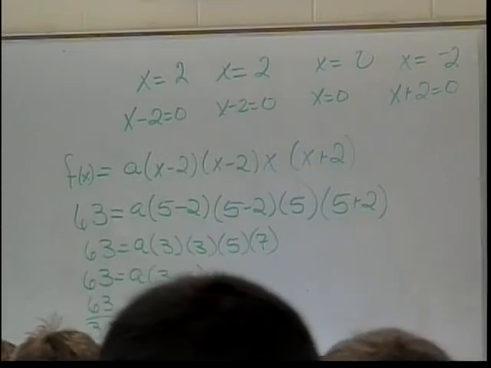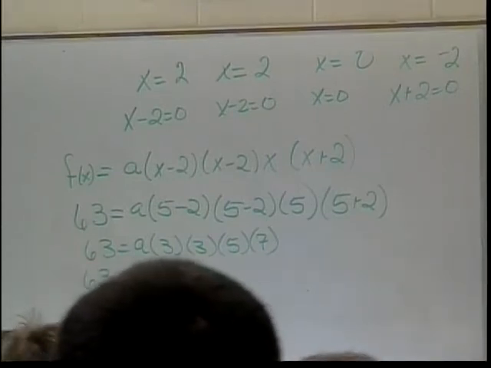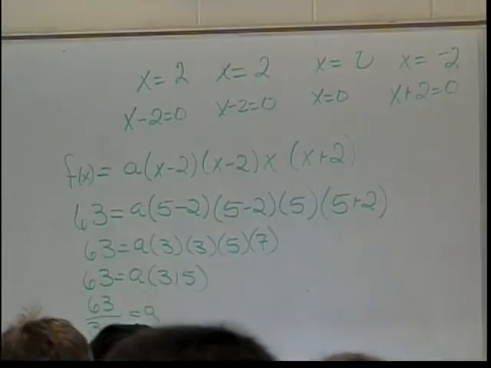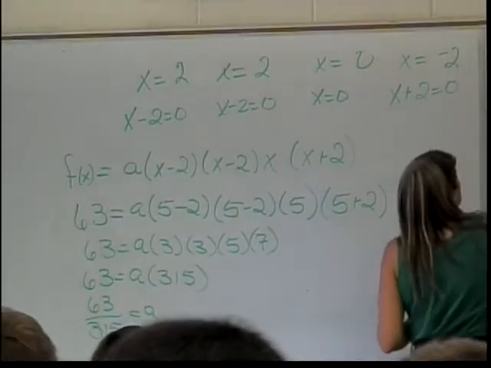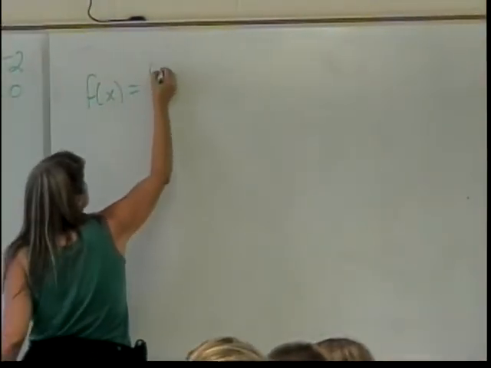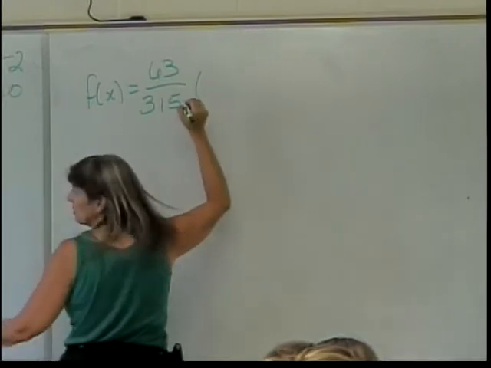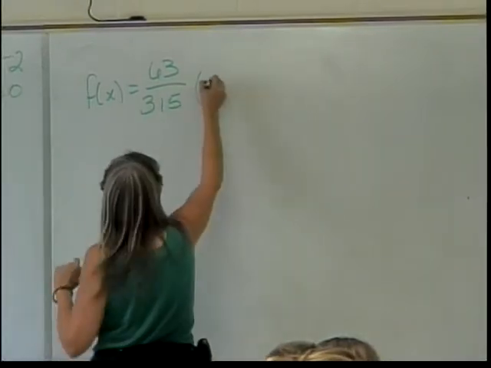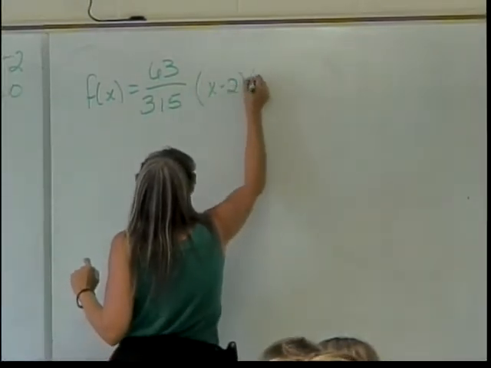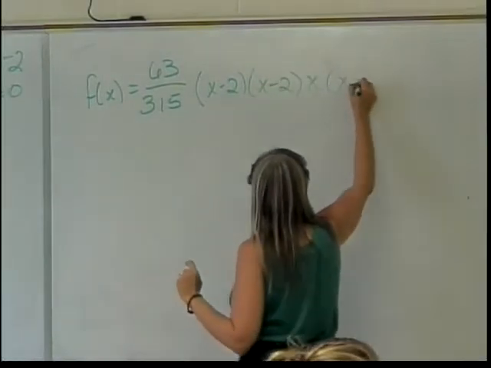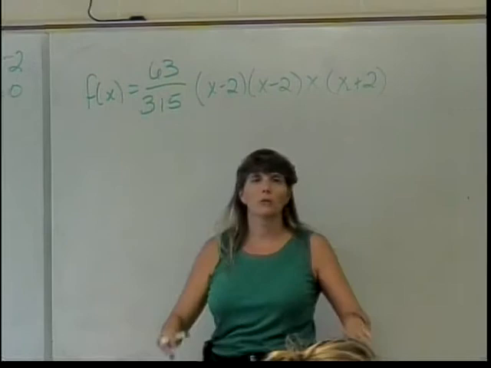My polynomial will be f of x equals a, which we got to be 63 over 315, times x minus 2, times x minus 2, times x, times x plus 2. And there's my polynomial.